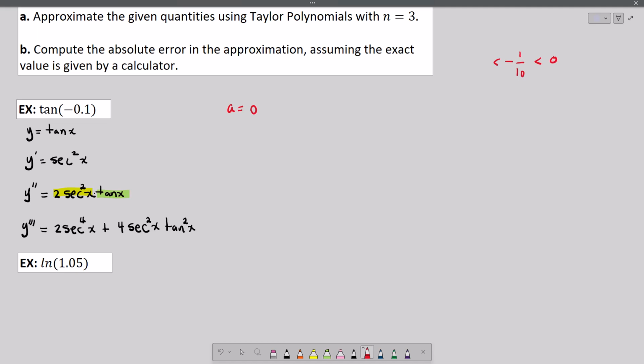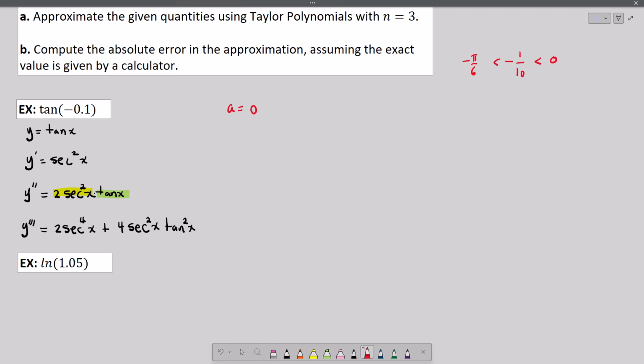We can go a lot closer to negative 0.1 than pi halves. Pi halves is 90 degrees down. Pi fourths, even closer, pi over 6, right? Negative pi over 6. So the special angles that we know are multiples of pi over 6 and multiples of pi over 4. The closest of all those to negative 1/10 would be that.